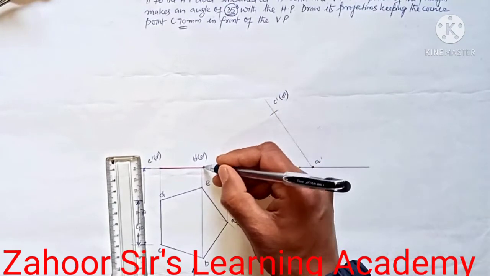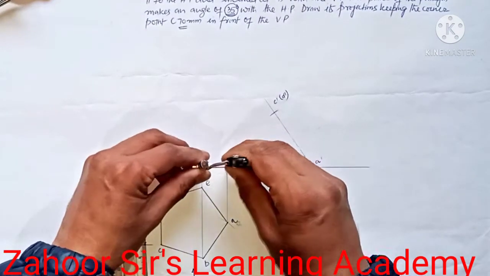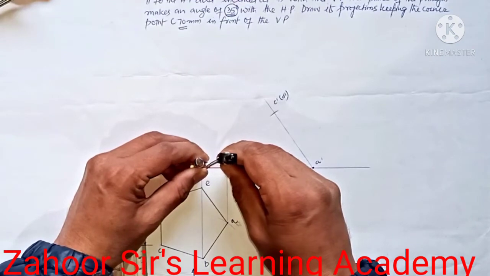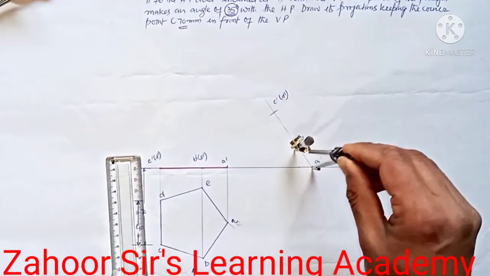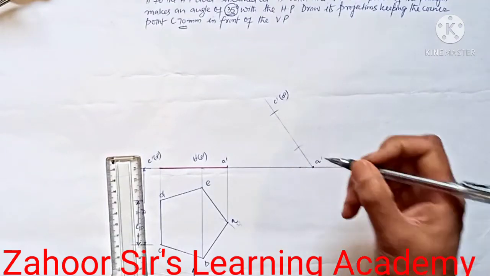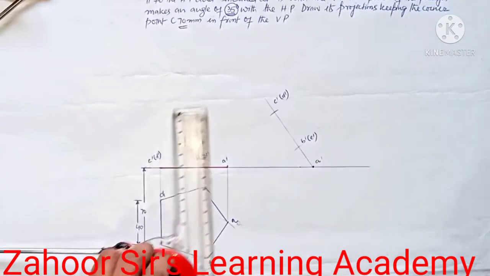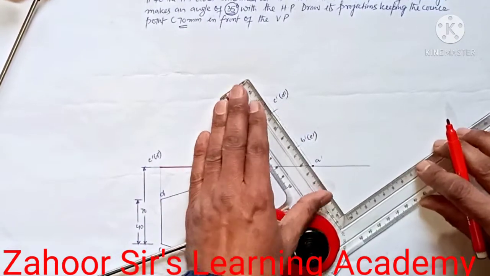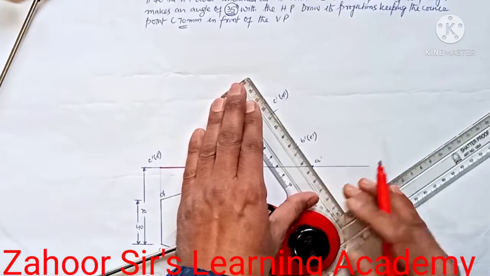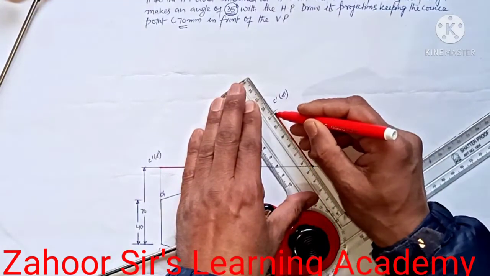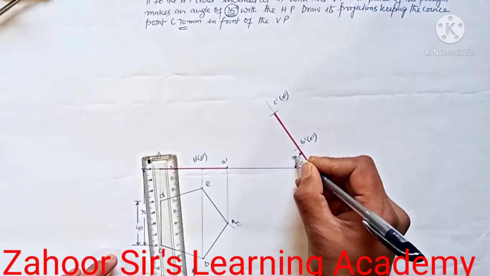Finding the next point again with the compass, measuring this and cutting the line, I name it B prime, E prime. Now we need to darken this actual line, which has an angle of 35 degrees.